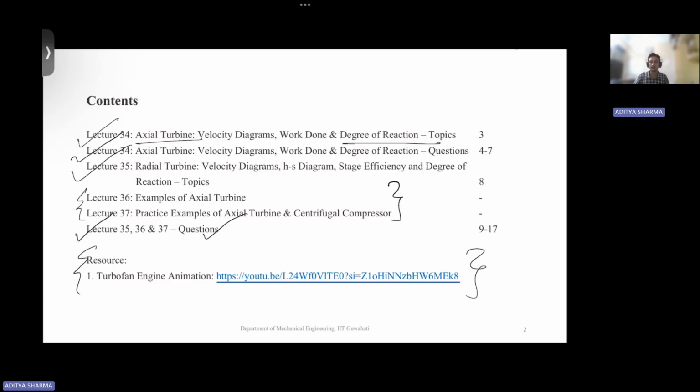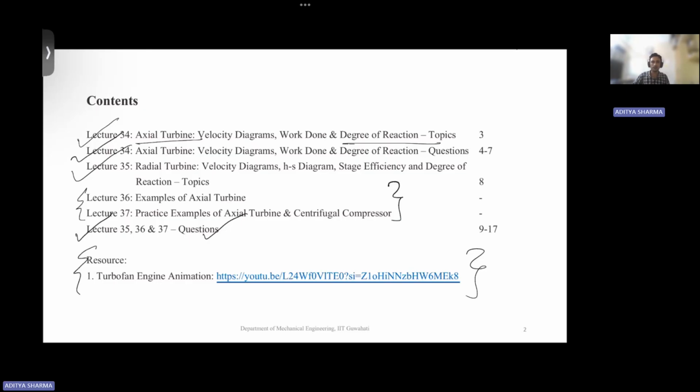Before this, I had given one link for the centrifugal compressor also, so that also you can watch. That is in tutorial 9, I believe. Because visualization is very important when we are studying these rotary machines, rotating machines.